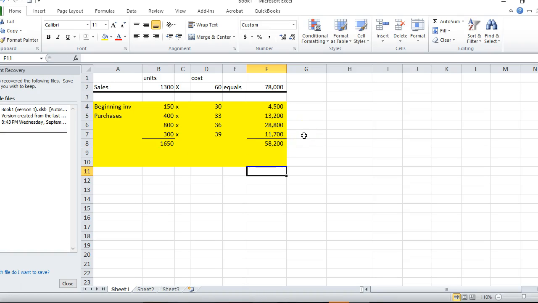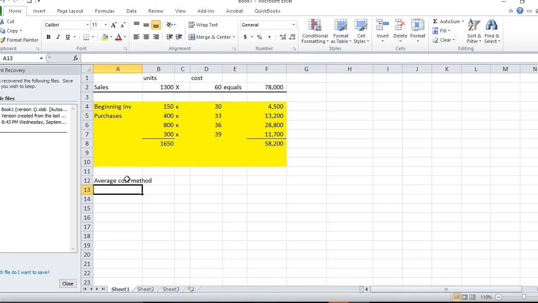Does that make sense so far? The first method we're going to look at relates to what we call the average cost method. Okay?